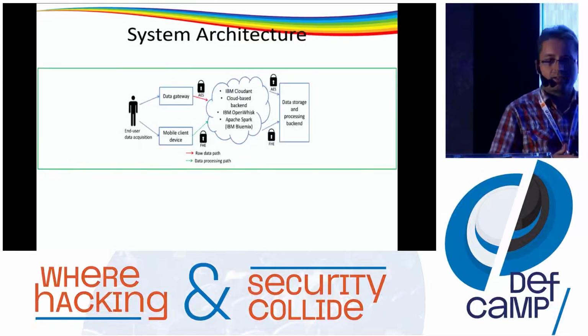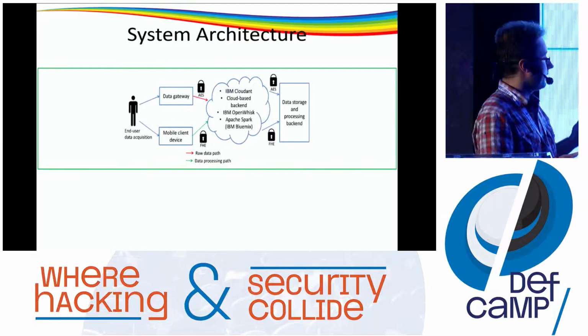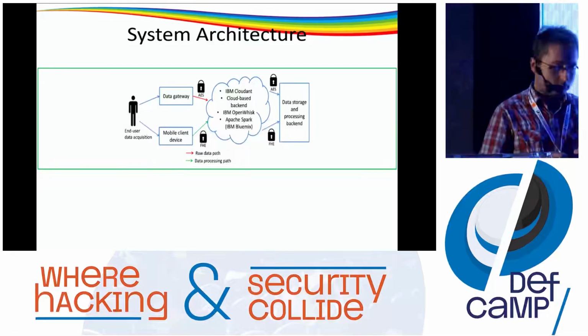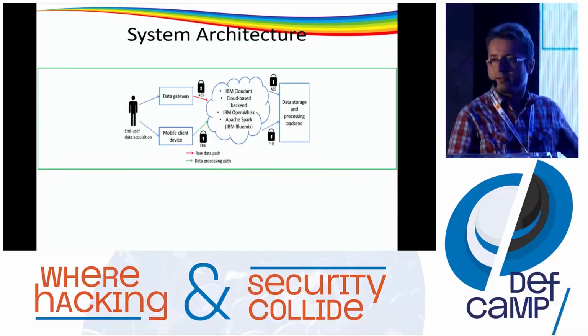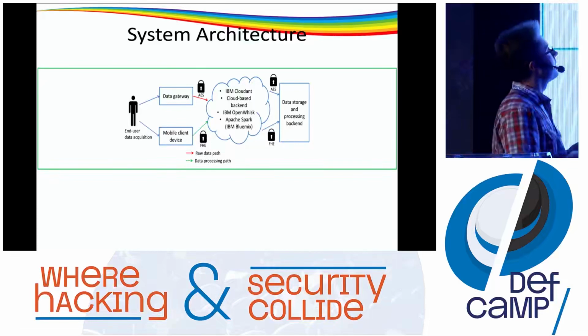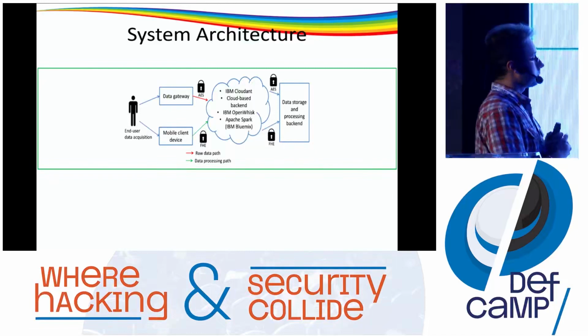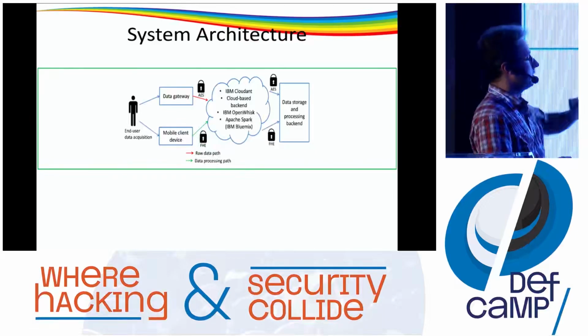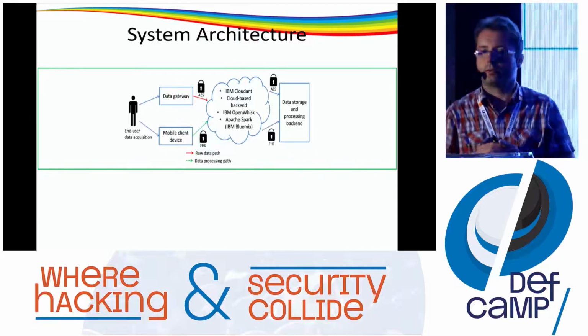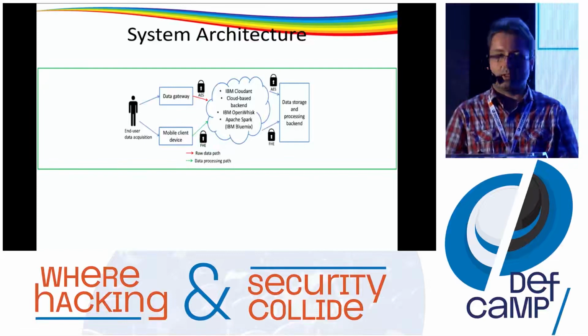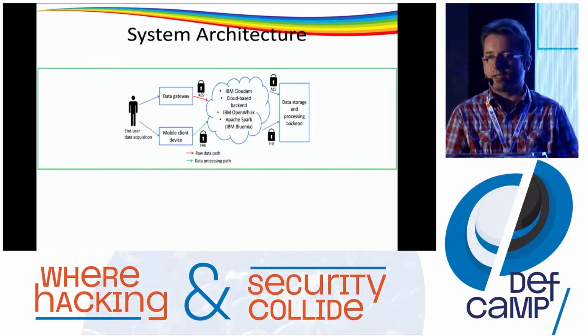So the architecture is the one that is being displayed in this picture. This is the end user, and you see that we have two paths for the data transmission. Why this?